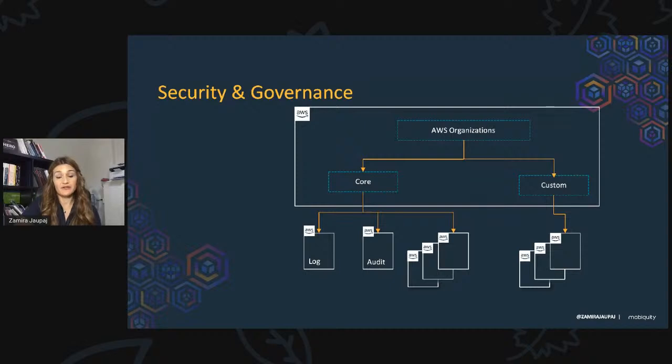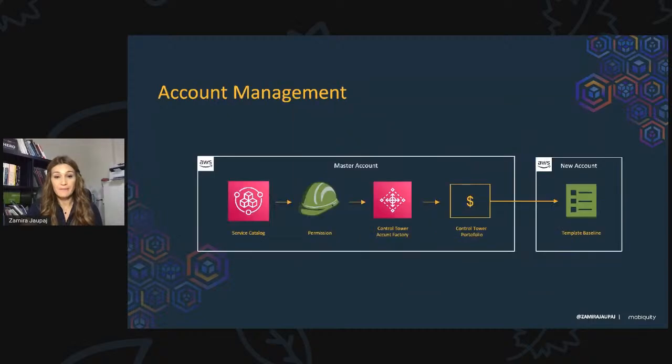Let's say we have a bank in the Middle East asking us to apply some security to their accounts. We easily go into the organization, go into that customer, and apply security only to that customer. We have another customer in South Africa that is a hospital or something else. They have a completely different security policy, so we do the same logic. This is the easy way to organize all the accounts and isolate the accounts from each other.